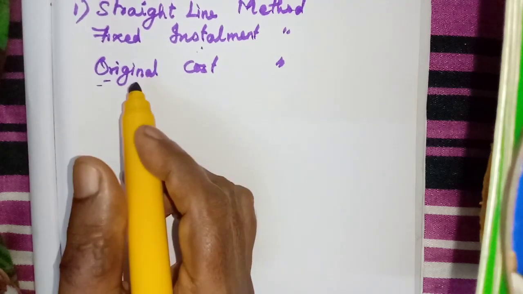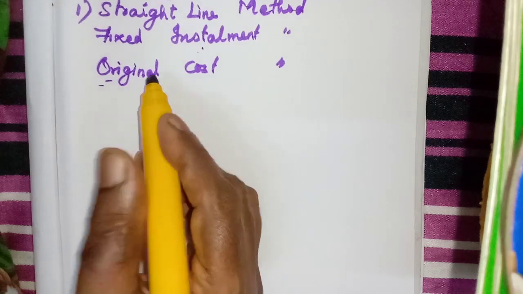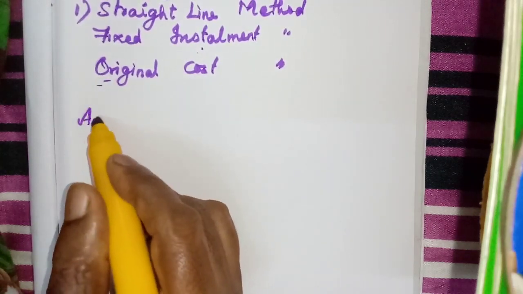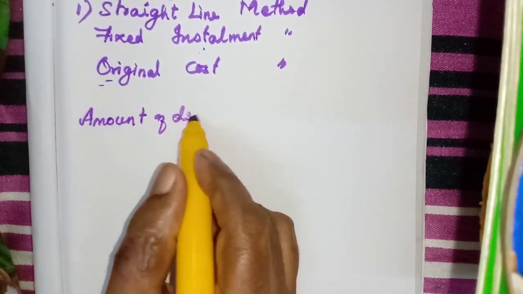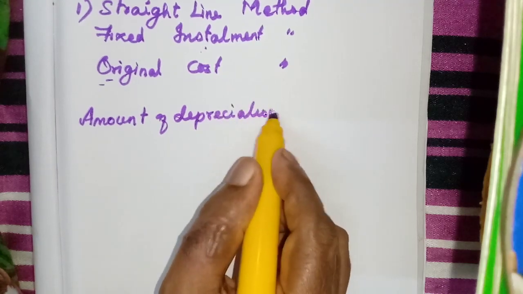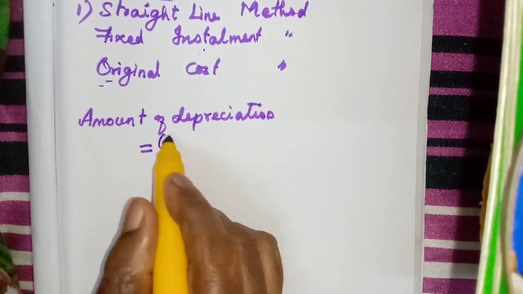Here we will learn the formula. Amount of depreciation, that is what we are going to calculate. You have to write like this: amount of depreciation is equal to, first one, original cost of the asset.